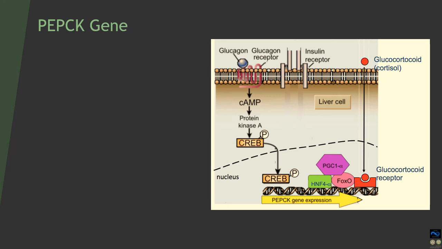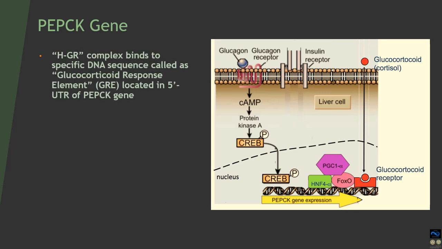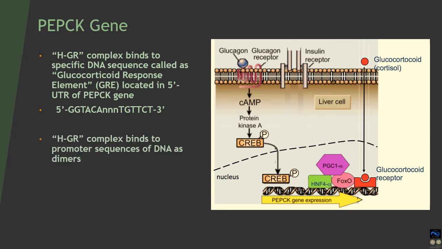As I already told you about hormone response elements, here the hormone response element is particularly the glucocorticoid response element, which is located in the 5' untranslated region of this phosphoenolpyruvate carboxykinase gene, and has a sequence of GGTACA. It is bound by the specific receptors, which here are glucocorticoid receptors in dimeric form.